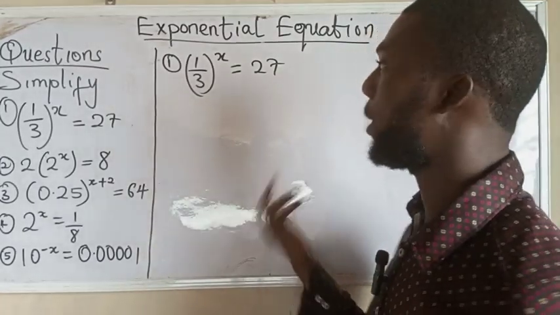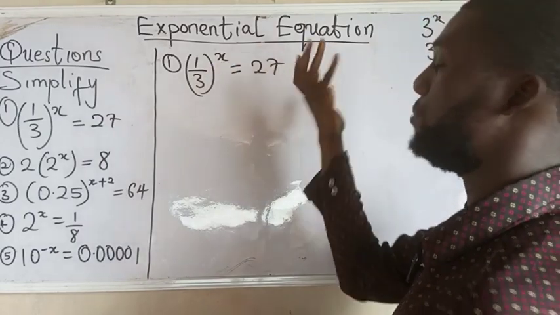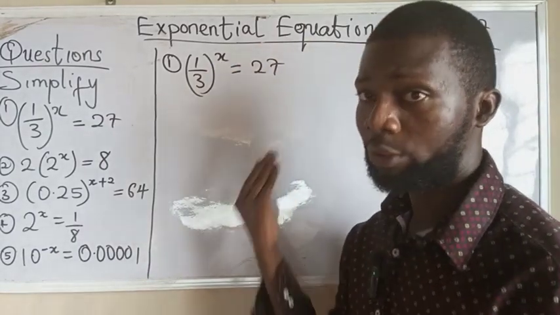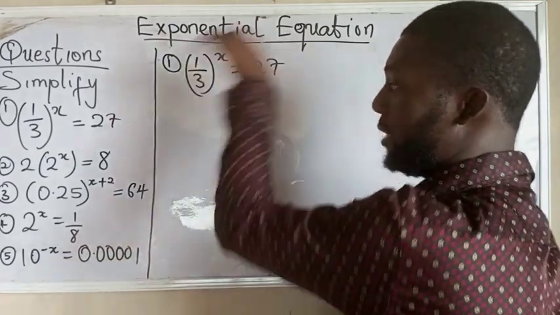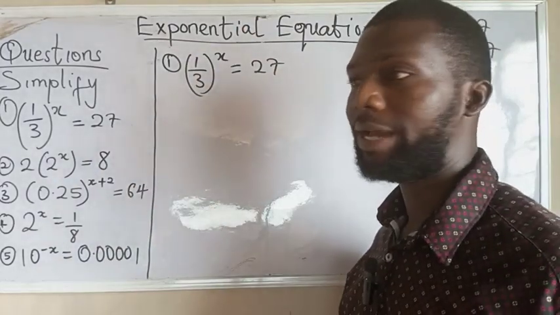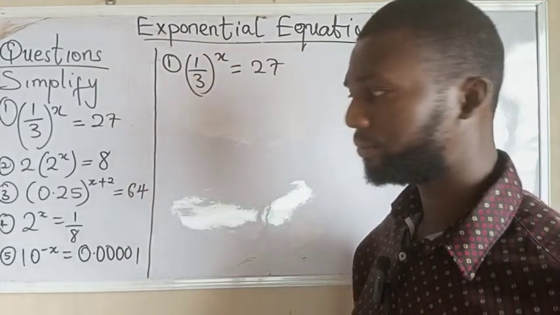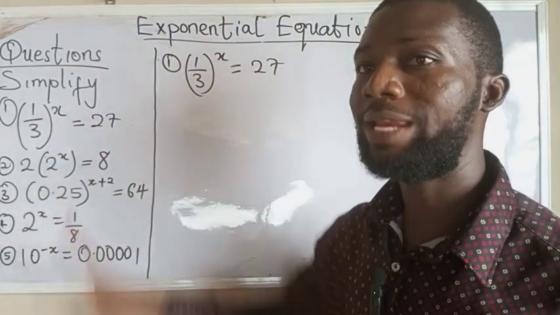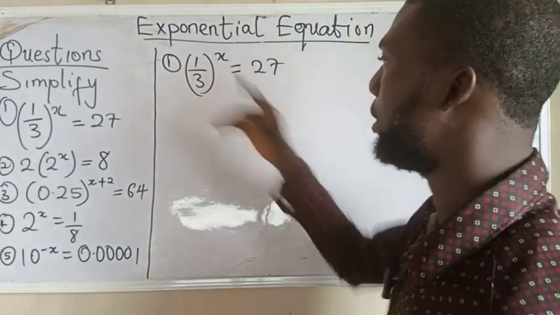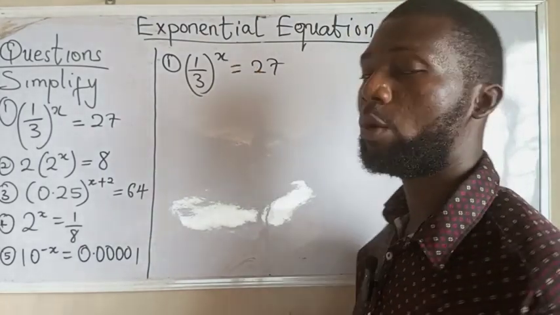However, you may see questions where the unknown is on your right hand side. But at the end of the day, you will still have no choice than to take it to your left hand side. That is why you will always see the unknowns on the left hand side. Now, looking at this question, 1 over 3 all raised to power x.